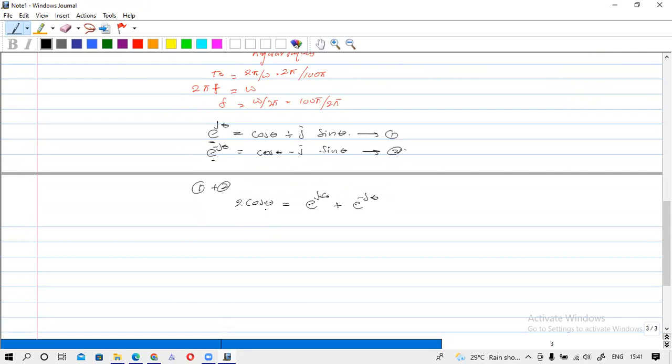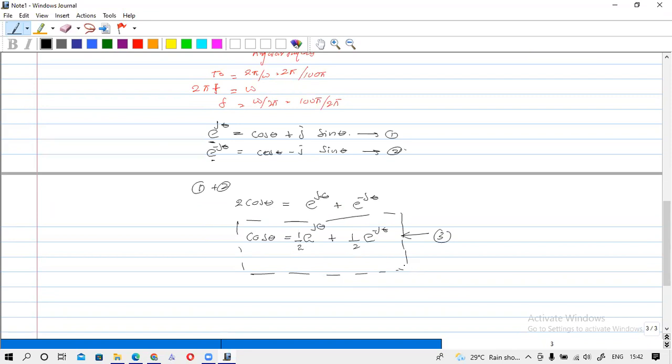If you want to find cos theta, you can divide both sides by 2. So I will write it like this: half e to the j theta plus half e to the minus j theta. I think this is also okay for you.